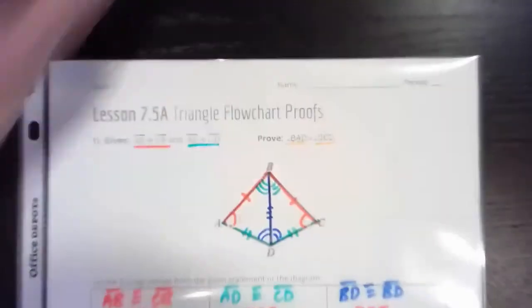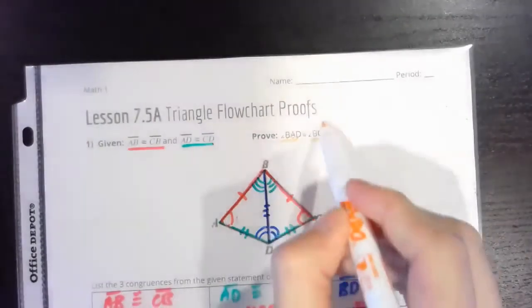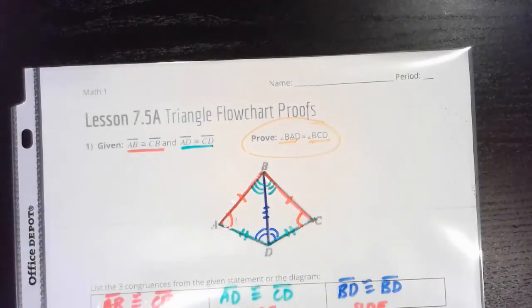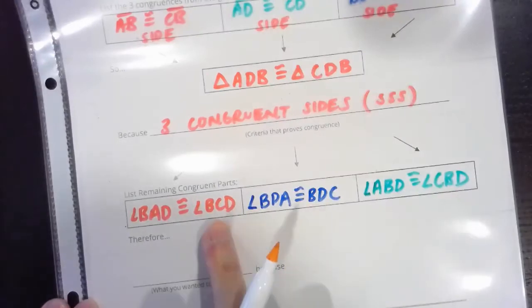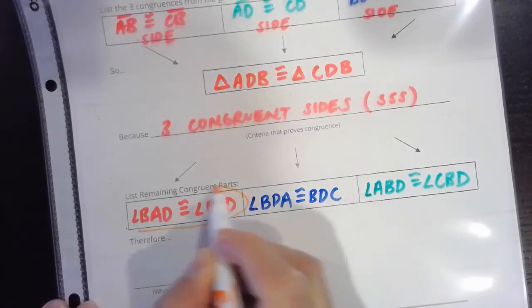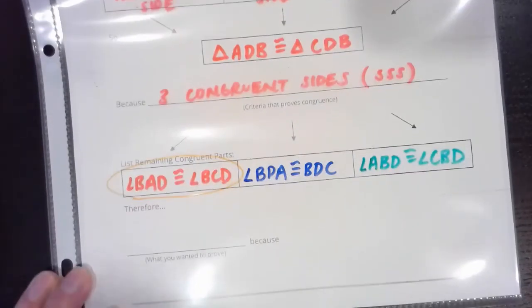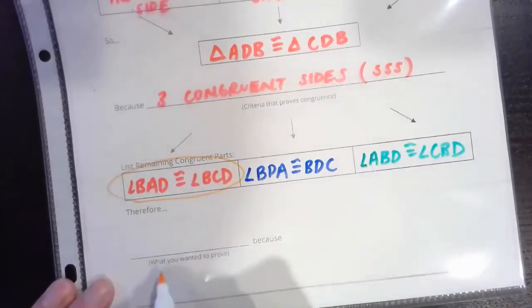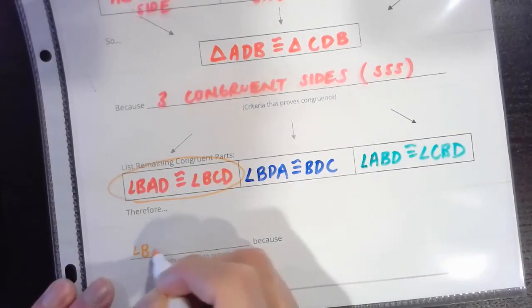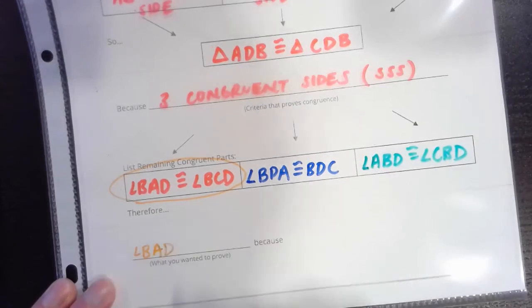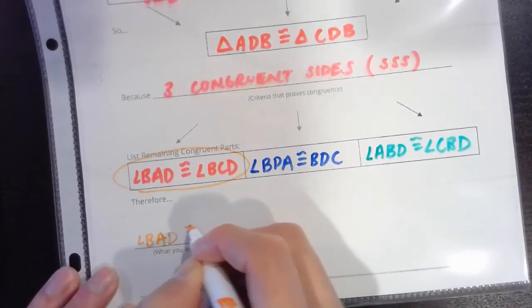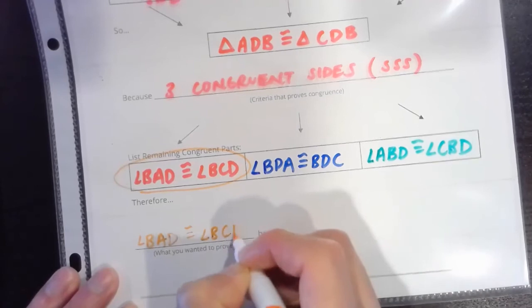Now remember, we wanted to prove this right here, that angle BAD is congruent to angle BCD, and we did that in this bottom part of our proof right here. So therefore I can conclude what I was trying to prove, that angle BAD is congruent to angle BCD.